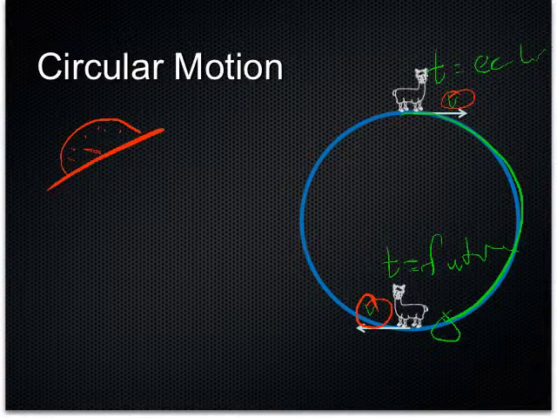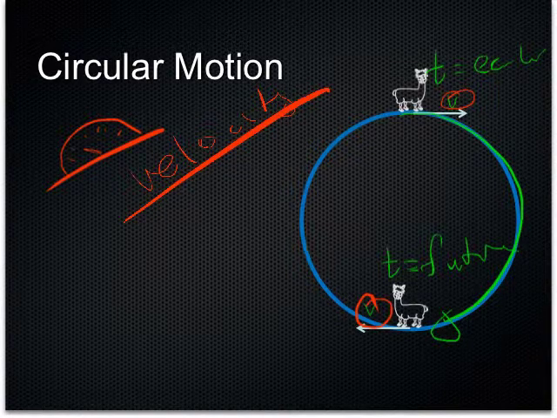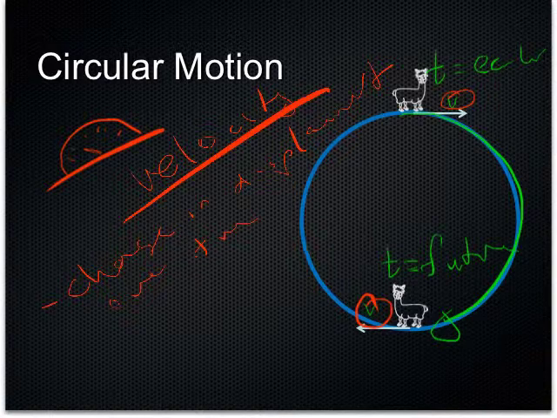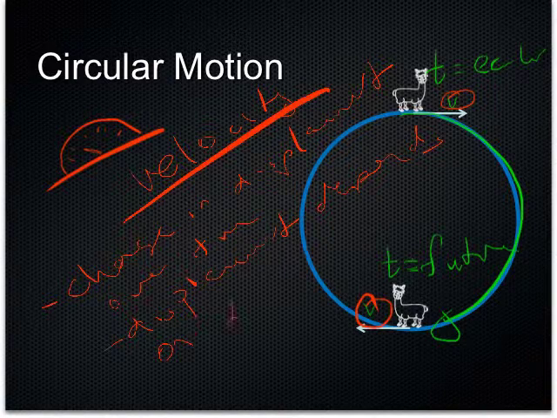Okay, so now the important thing here is the definition of velocity. Velocity is change in displacement over time. Now, the important thing about it is displacement depends on direction.